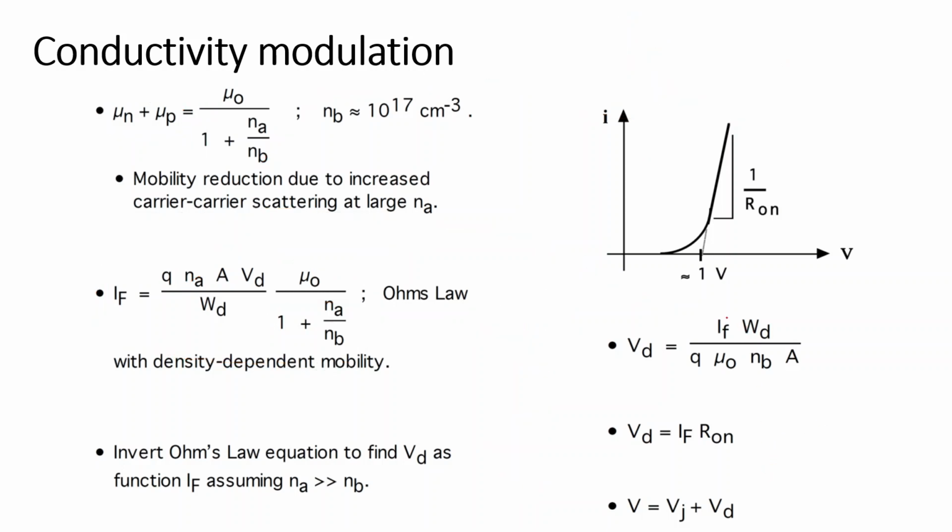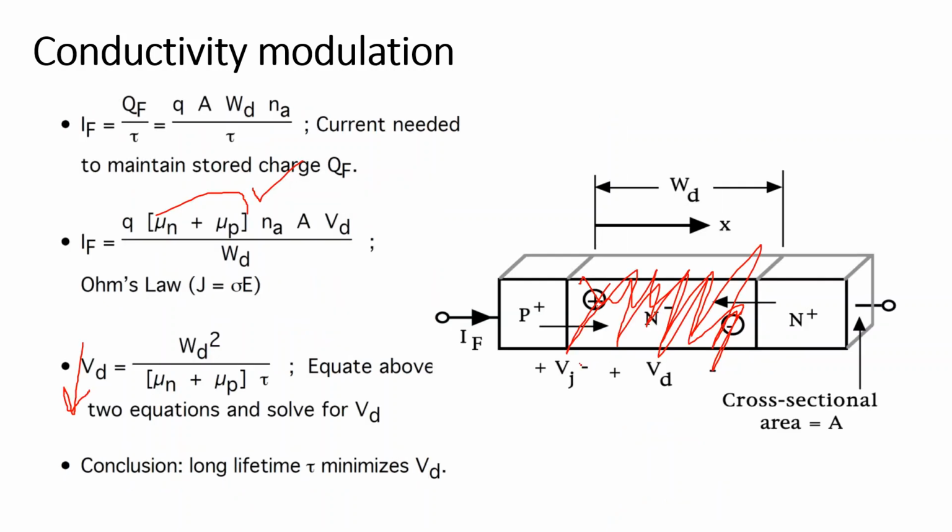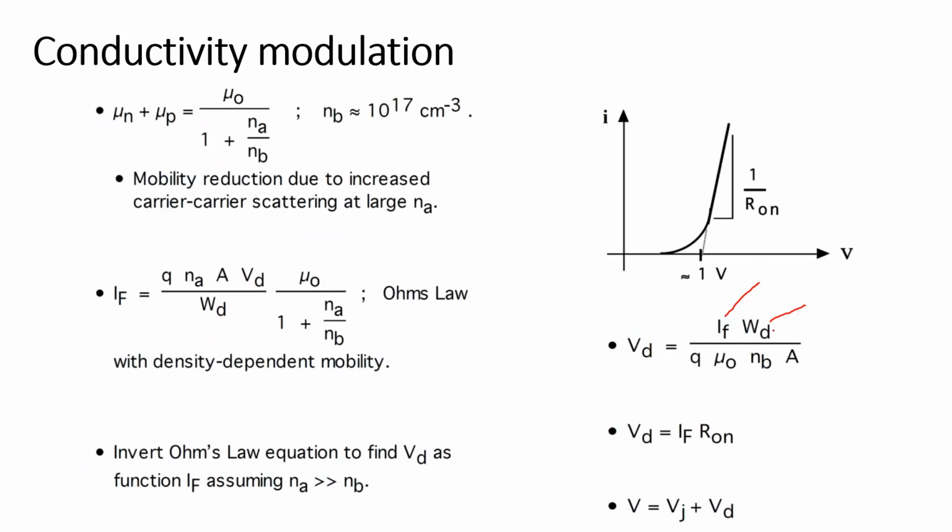So in this expression, this is the forward current, or current in the forward biased mode. This WD is constant because WD is the width of the drift region. Q is constant, mu naught is a constant, Nb is a constant value, and the area of the device is constant.